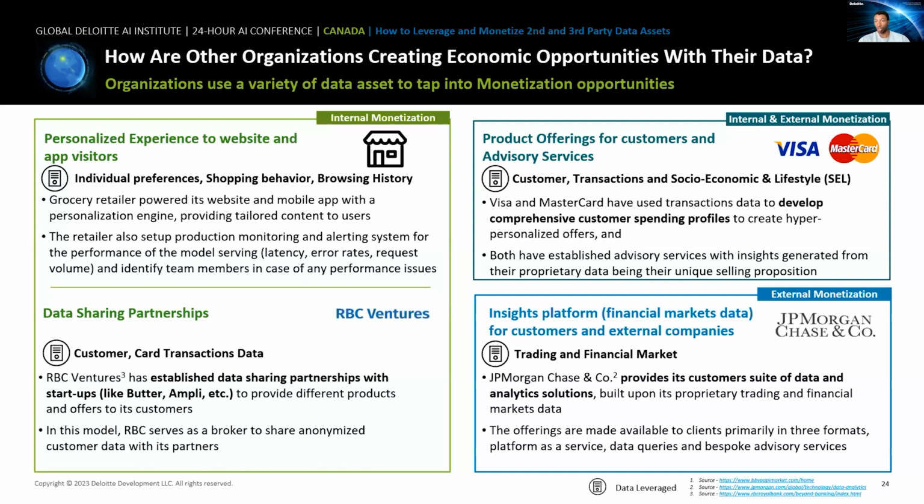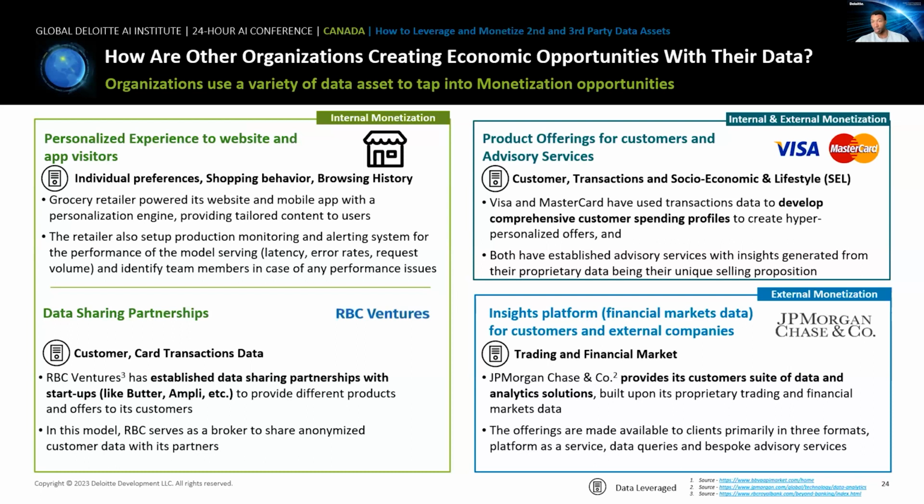And both these organizations, Visa and MasterCard, have also set up advisory services because they understood that the proprietary data on which they're sitting has been very insightful for those different organizations that they sell it to. And it ranges on the spectrum from being able to get access to a raw data set all the way to an insight platform, and even pushing it even further with advisory services.